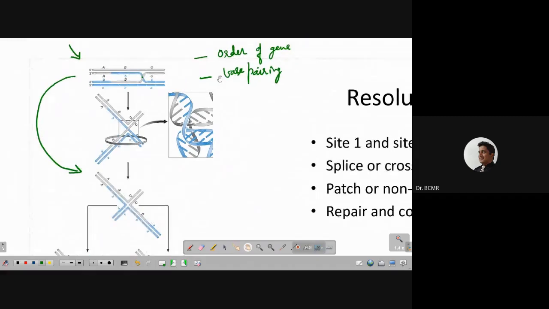Capital A is base paired to capital A, capital B with small b, capital C with capital C. Like that we can do for both these DNA molecules, and you will see that these things are satisfied, which means the DNA is the same, just that it is reorganized.